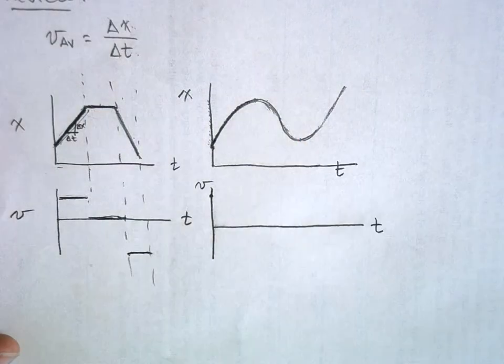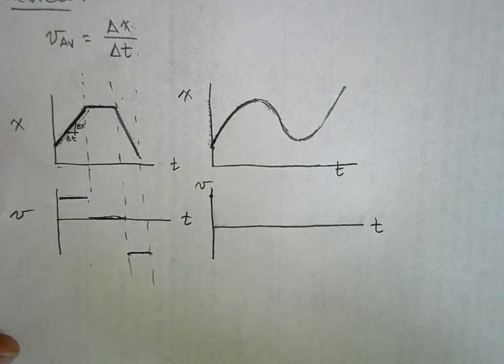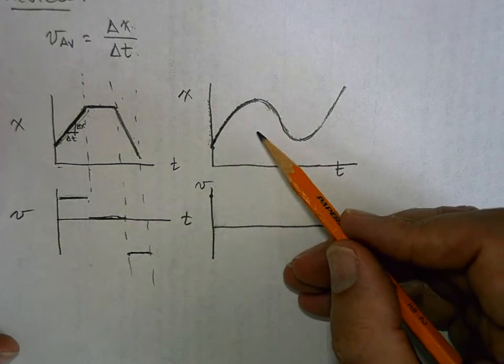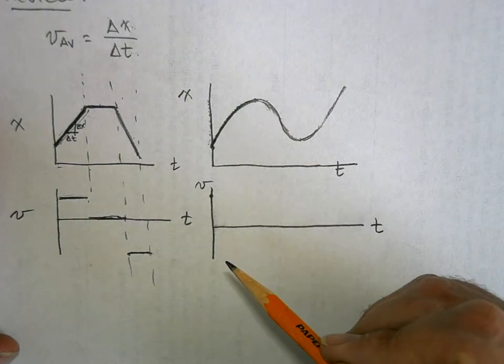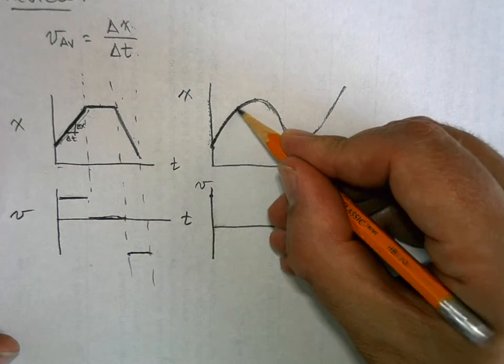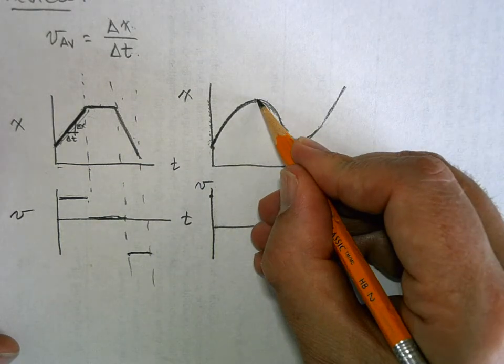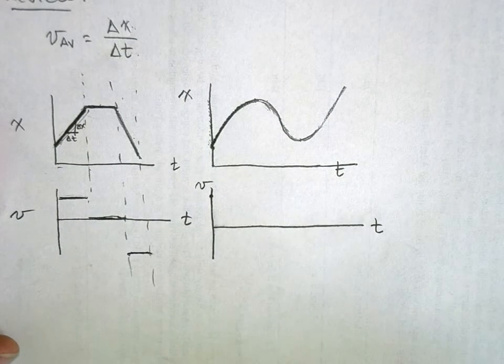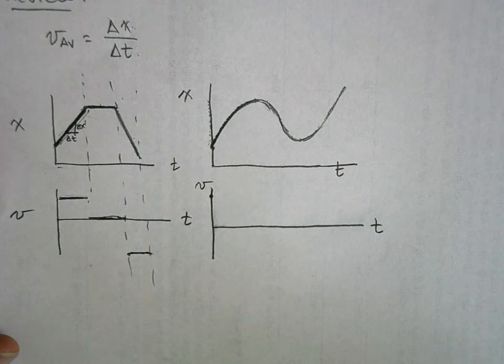Is it staying the same? No. If it stayed the same, it would look like a straight line. Is it getting steeper as I move through time? No. It's getting shallower. Which means what is happening to my velocity? We're slowing down.